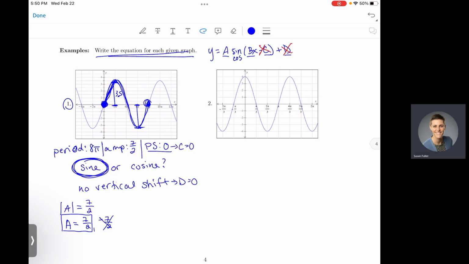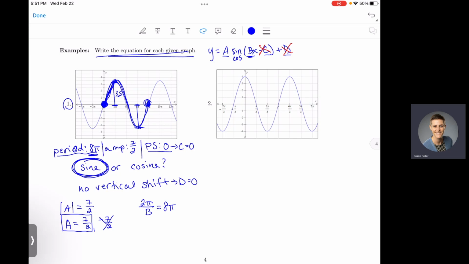And how about a B value? Well, the period will tell us the B value. The fact that my period is 8 pi, we calculate the period by doing 2 pi divided by B. When I do that, I'm going to get 8 pi because that's the period from this function. So now 2 pi over B has to be 8 pi.